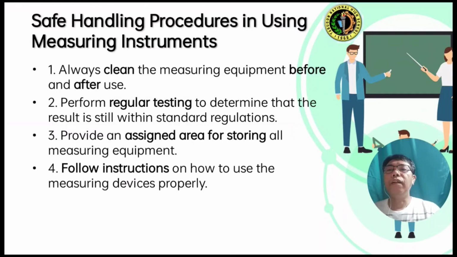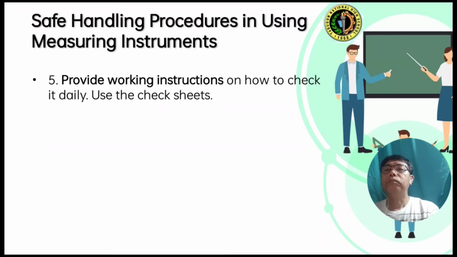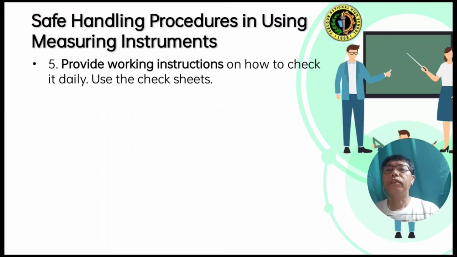And number 4, follow instructions on how to use the measuring devices properly. Some of the tools, when you buy, are accompanied with instructions on how to use and properly care for them. Number 5, provide working instructions on how to check it daily. Use the check sheets.